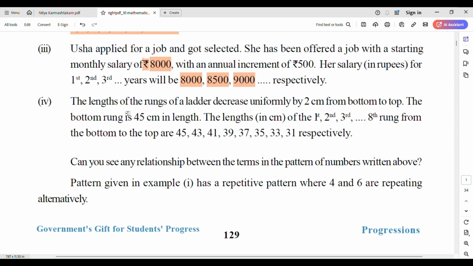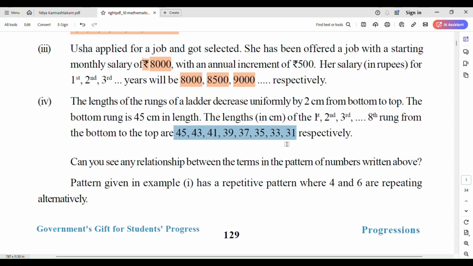Next, the length of rungs of a ladder decreases uniformly by 2 centimeters from bottom to top. If the bottom rung is 45 centimeters in length, find the lengths of the first, second, third, and so on up to 8 rungs from the bottom. From 45, every time it decreases by 2 centimeters: 43, 41, 39, 37, 35, 33, 31, like this.